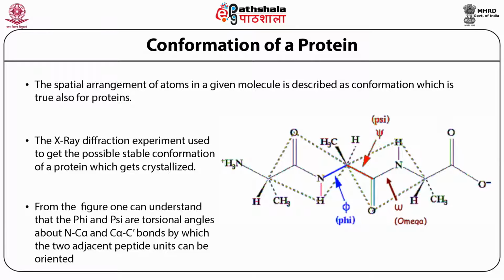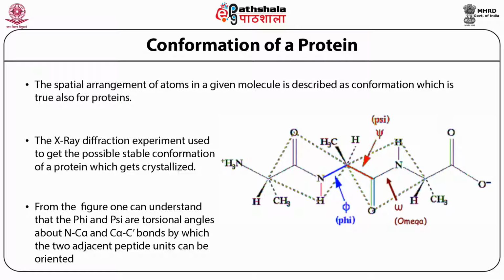From the figure, one can understand that phi and psi are torsional angles about the N-C alpha and C alpha-C prime bonds, by which the two adjacent peptide units can be oriented. Peptide units are nothing but amide linkages, CONH groups. In the diagram, you can see a box has been drawn.